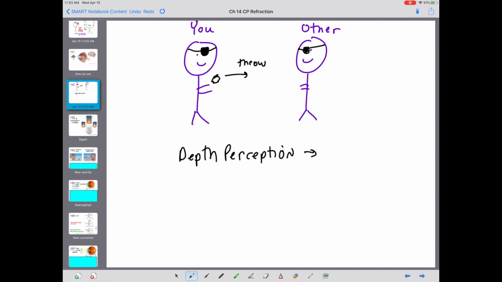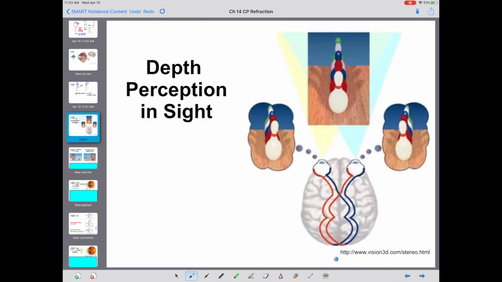know how far things are away, is based on having two eyes, or what is called binocular vision. Basically, each eye gets information that is slightly different, a slightly different point of view, like in our diagram right here.